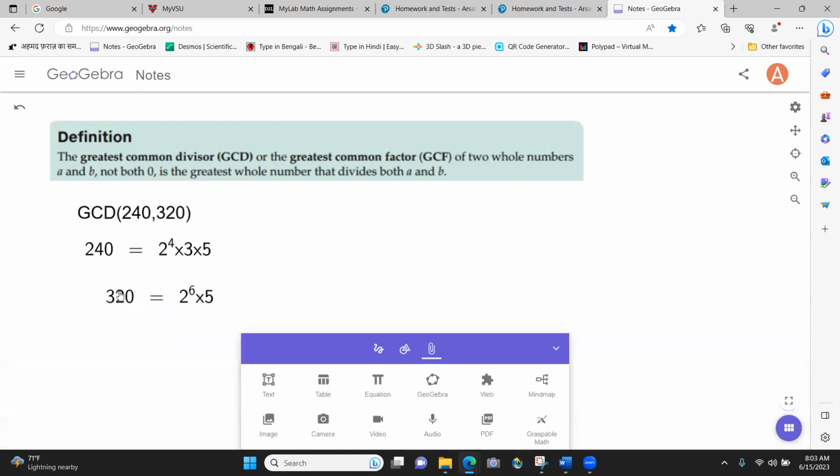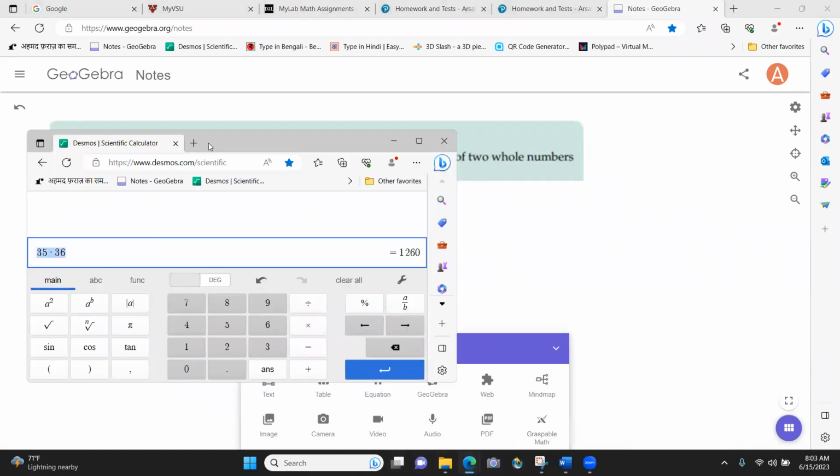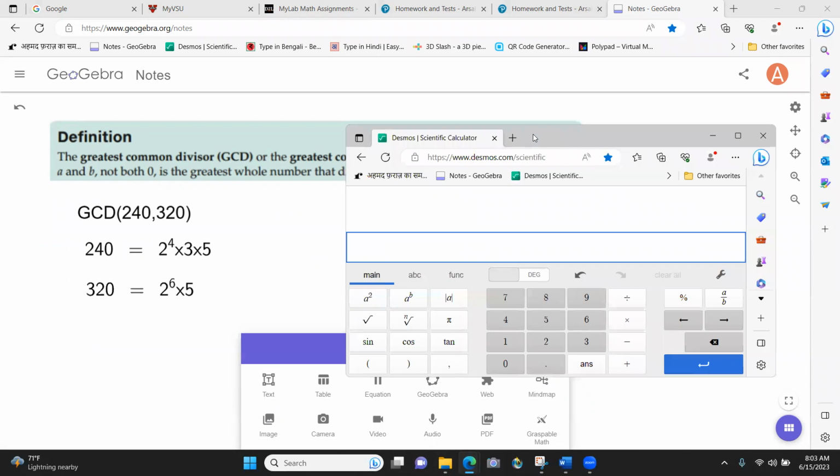That's my prime factorization of 320. I'm going to check it on my calculator just to make sure I didn't make a big mistake. The second one is correct, and the third one is correct too.